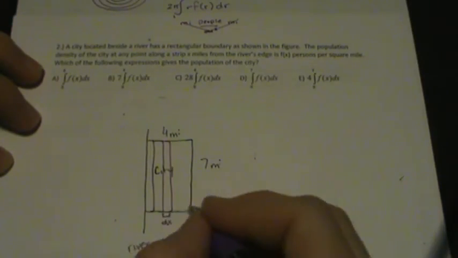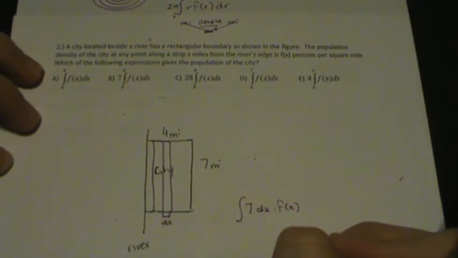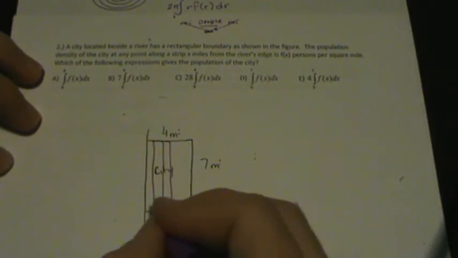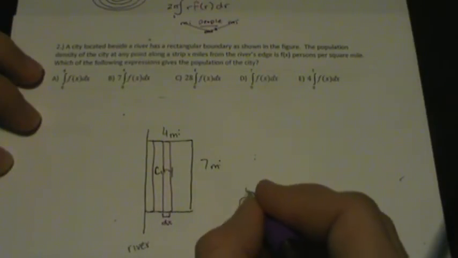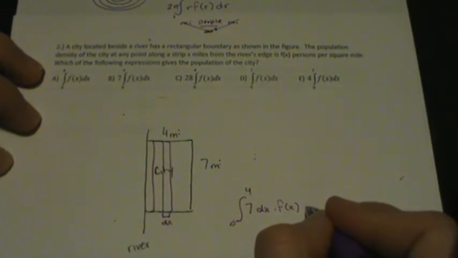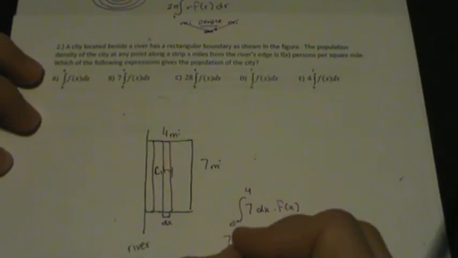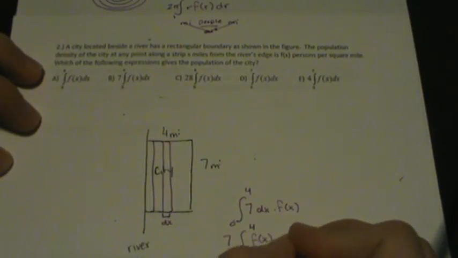Now, again, we have an infinite number of rectangles, so we're going to integrate. If we were to shade this whole thing, it's going from 0 to 4. Again, we can take out the 7. We've got f of x dx.